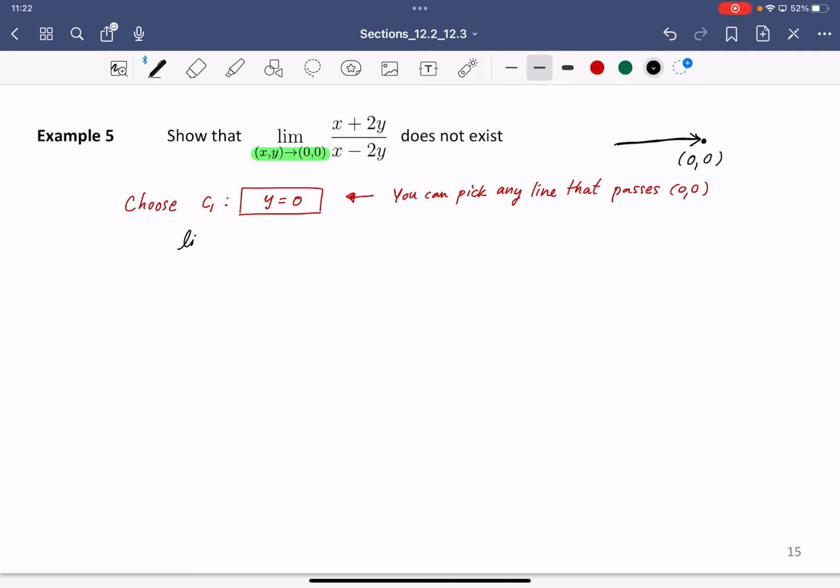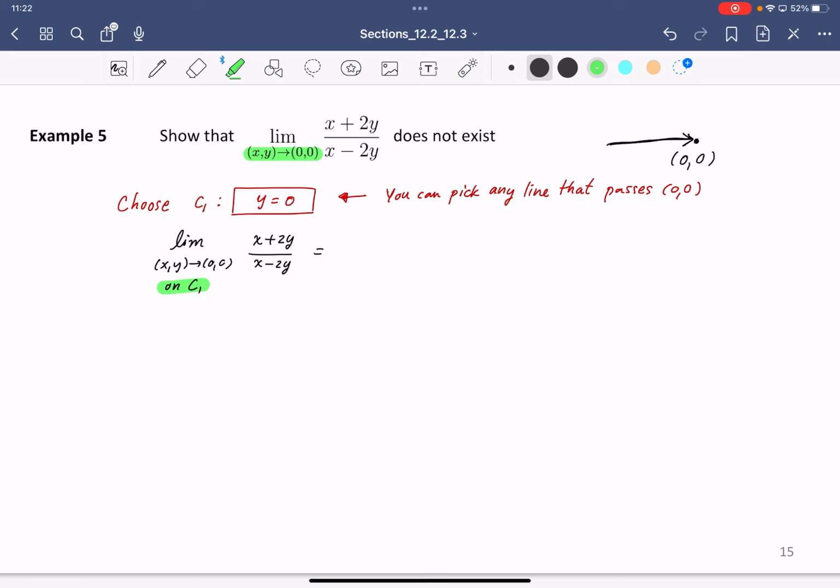So I have the limit as x, y go to 0, 0 on C1. It means I'm just computing the limit on the line C1. So I have x plus 2y over x minus 2y. Once I say on C1, it means I only consider y equal to 0. So my limit is just the limit of x plus 2 times 0 over x minus 2 times 0.